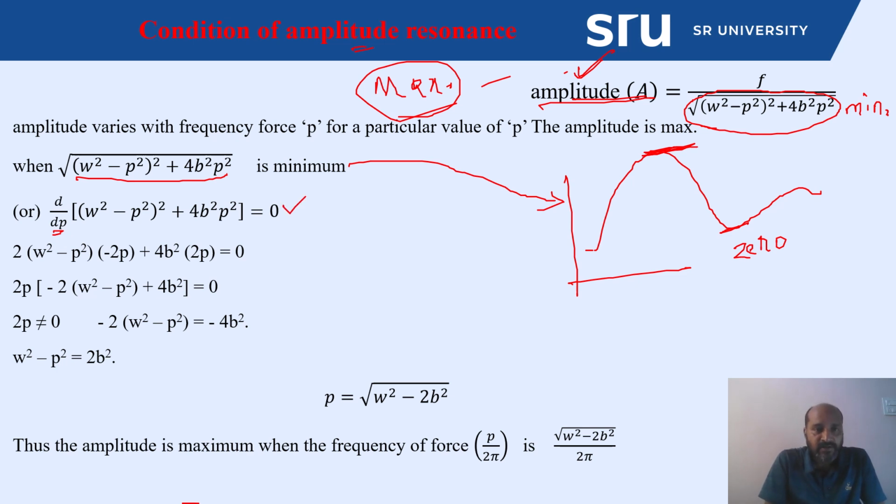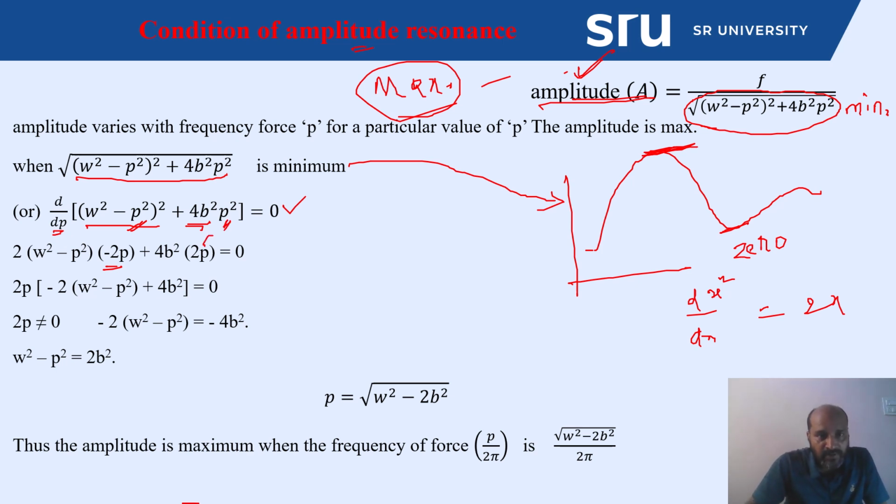And if you differentiate that with respect to p, the first term: differentiation of x square is 2x, so 2 (omega square minus p square), and differentiation of minus p square is minus 2p, and 4b square as it is, differentiation of p square is 2p.